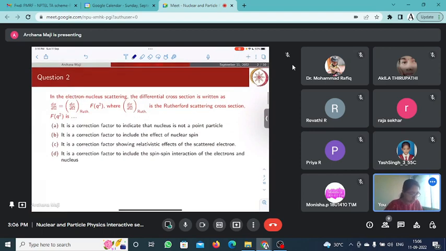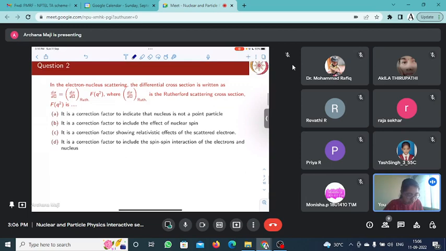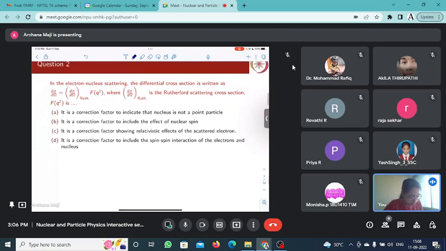Tell me the answer to this question in the chat box. In electron nuclear scattering, the differential cross section is written as this, where d sigma d omega Rutherford is the Rutherford scattering cross section. What is F of q square?